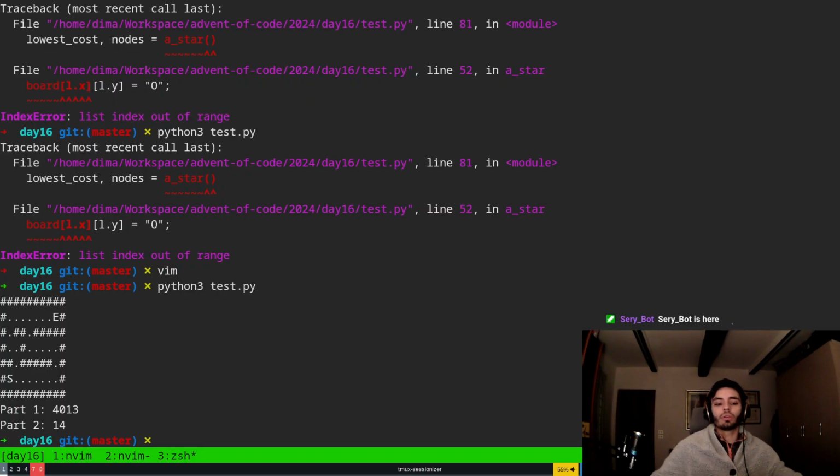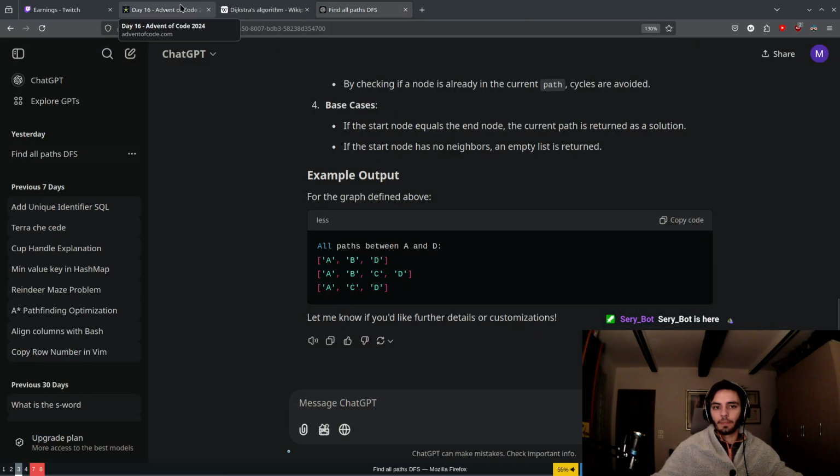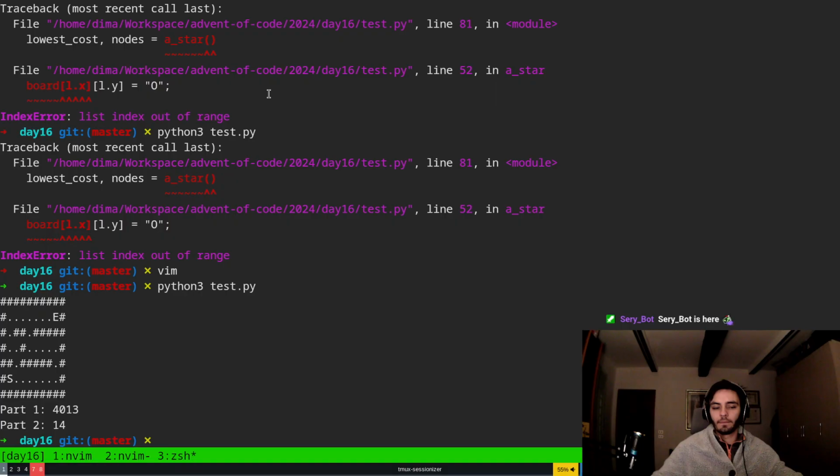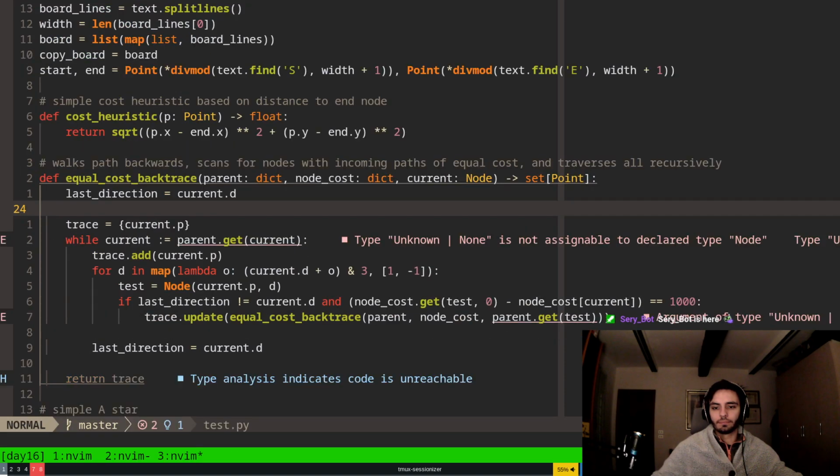Oh, okay, so this works. Wait, what? This is 100% skill issue. Interesting. But how does he resolve that?